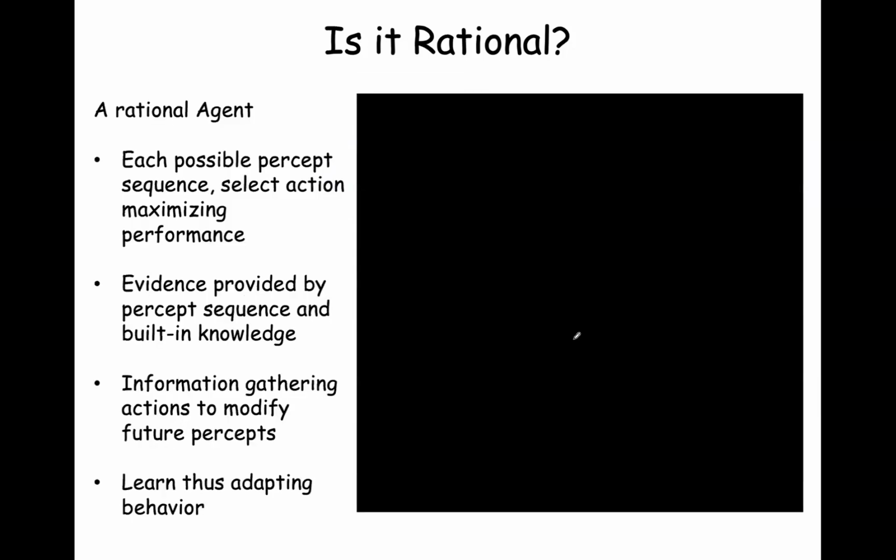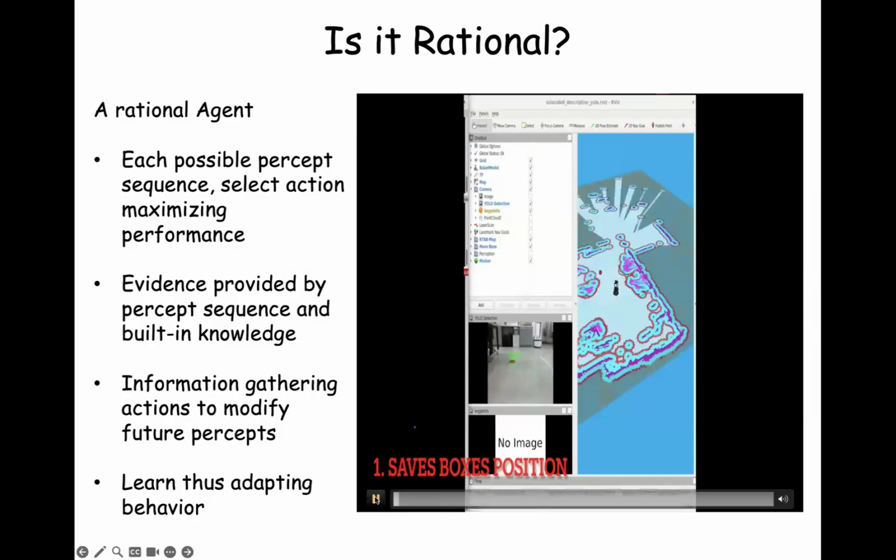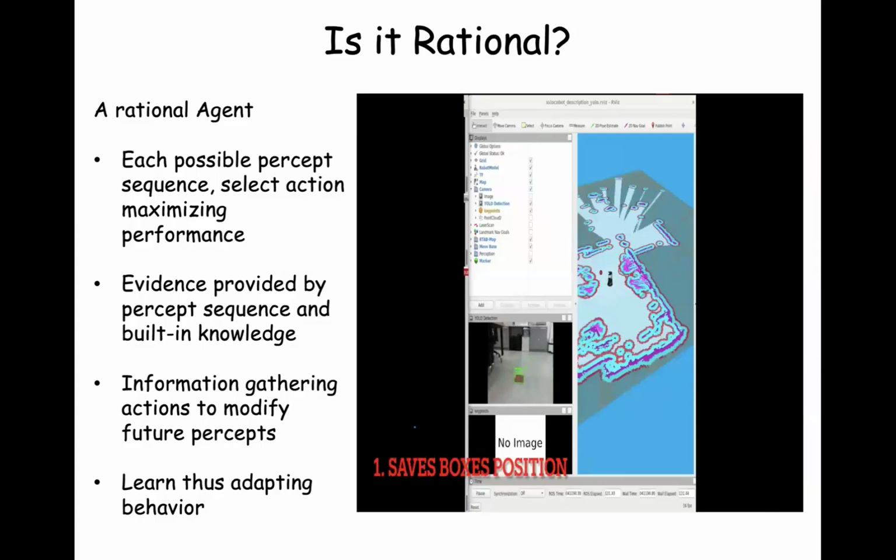And so, this is that insect pick and place demo again. And each possible percept is going to select an action that maximizes performance.